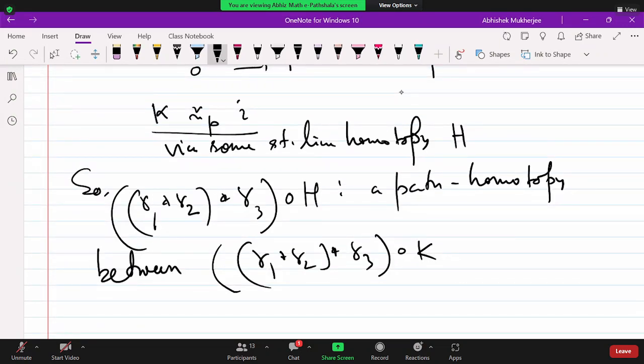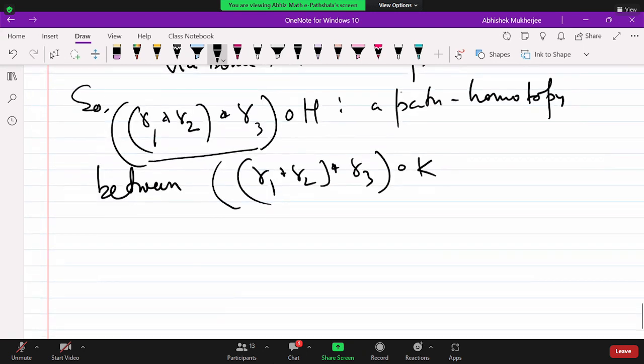K and I are path homotopic, and you have some continuous map from closed interval 0, 1 to X. So then you can make use of that exercise. So this is a path homotopy between this path and this one.